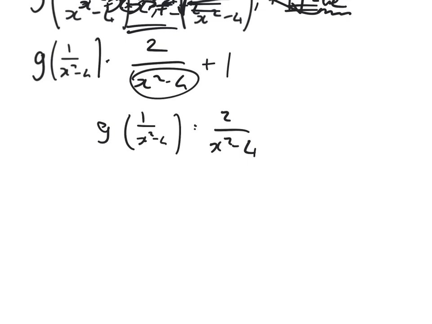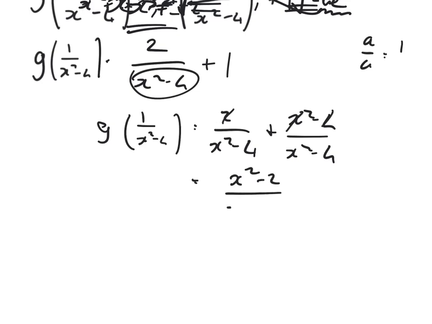Remember that anything written by itself is equal to 1, so I can change that 1 into x squared minus 4 over x squared minus 4. I've now got a common denominator. So that will be x squared minus 2 over x squared minus 4.